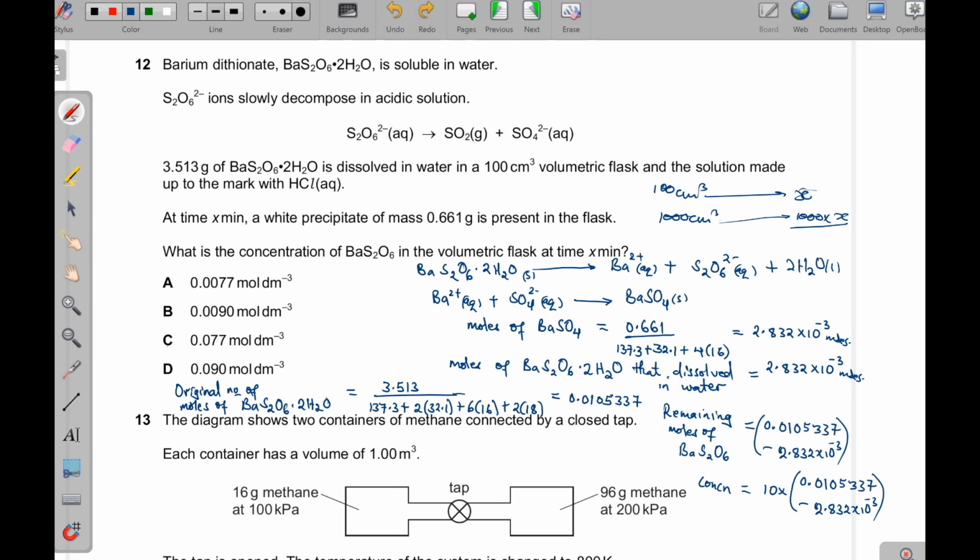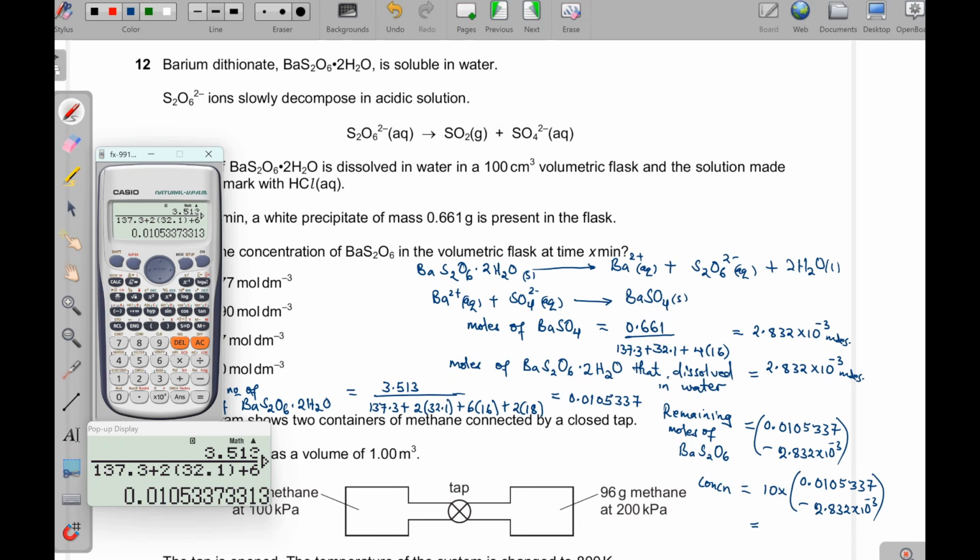You see that? Okay. Now when we put this in the calculator, what do we get? That will be our answer. So this one here, I will say minus 2.832, then times 10 to the power of negative 3.